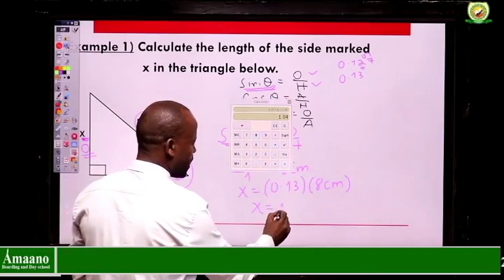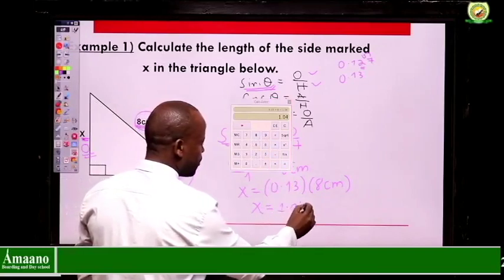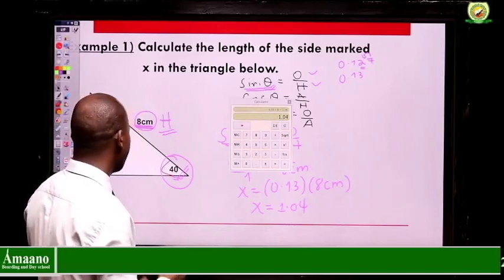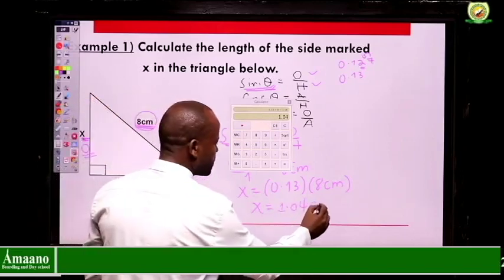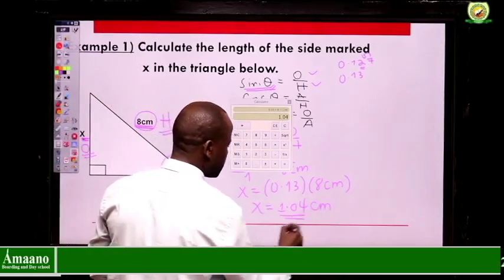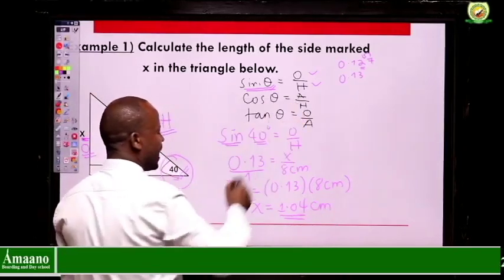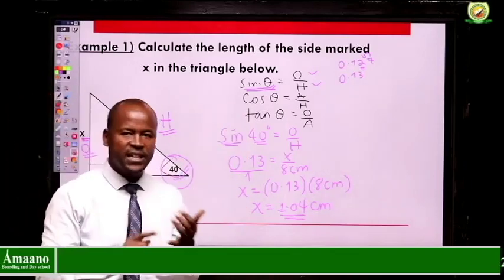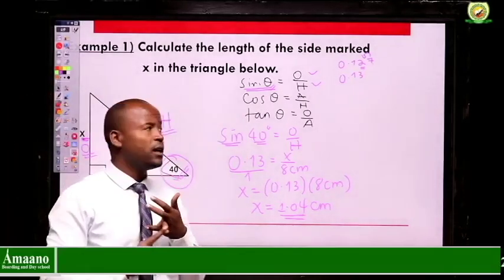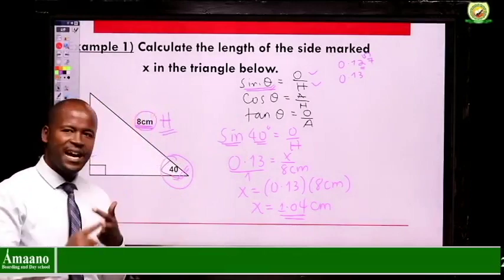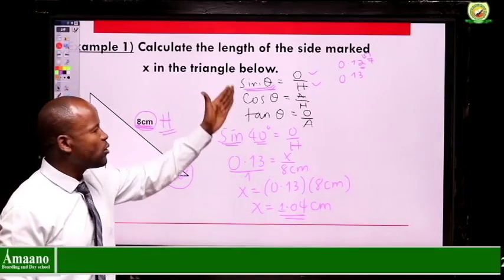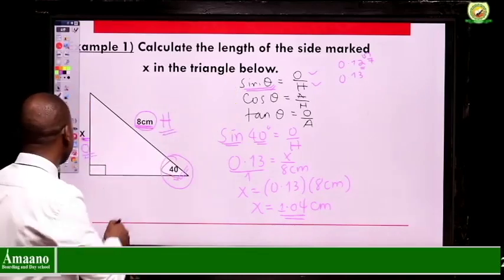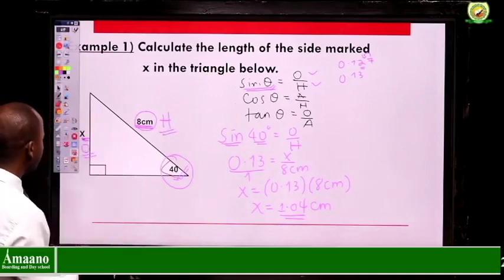So 0.13 times 8 centimeters is 1.04 centimeters. This is the value of X, the length of this side. After identifying the hypotenuse, the opposite side and the adjacent side, we can apply one of these three trigonometric ratios to find the side length of a given right-angled triangle.